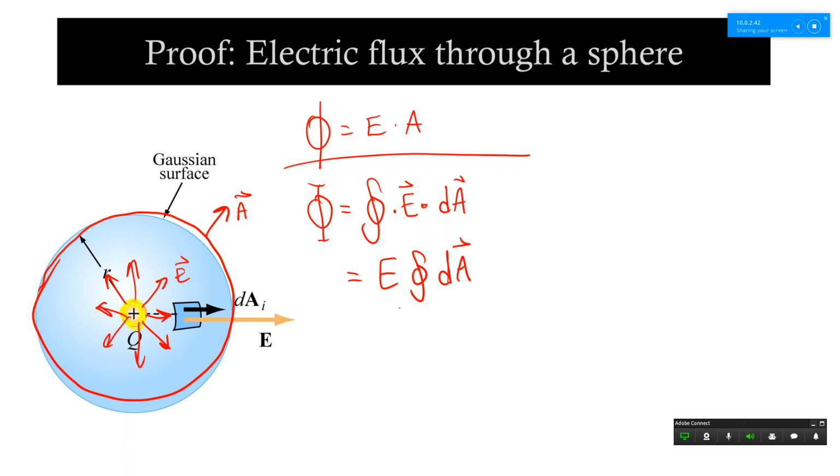It would be, well, forget about the limits, but conceptually, if I add up all the little areas, I'm going to get, Johnny? 4 pi r squared in the case of a circle in a sphere, but in concept, it's the total area. So E times A. And that's exactly what we said before.